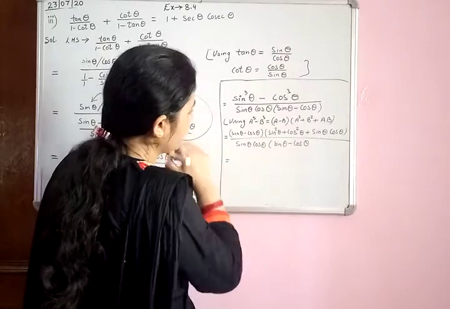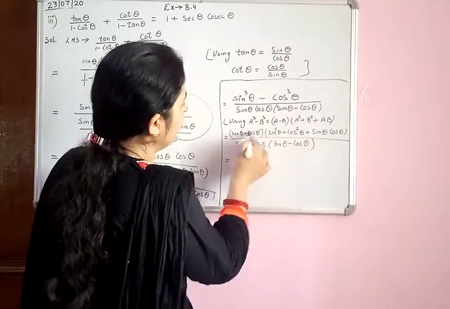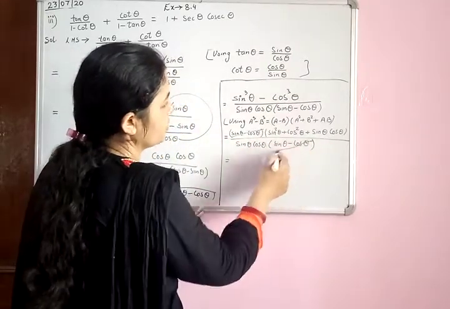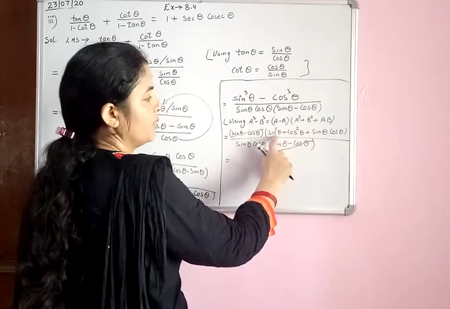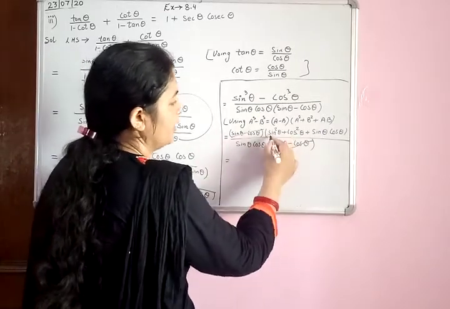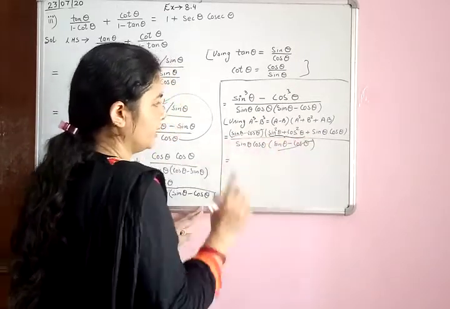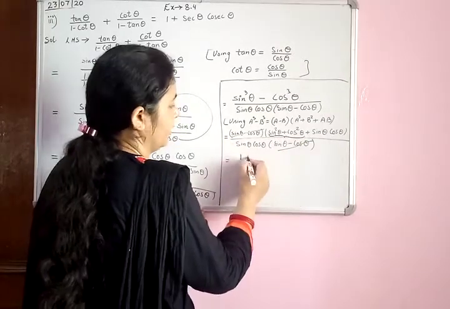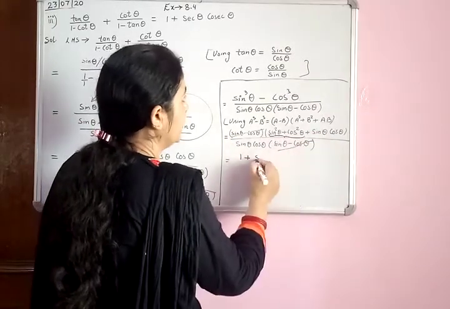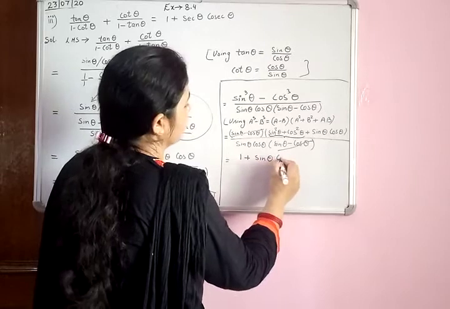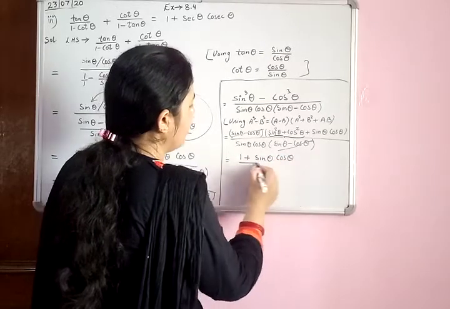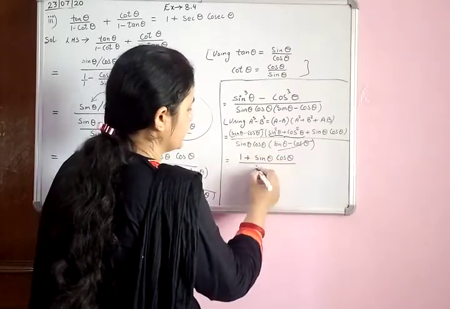Now look at here, sin theta minus cos theta cancel. Sin square theta plus cos square theta is 1. So in place of sin square theta plus cos square theta, I can write 1 plus sin theta into cos theta upon sin theta into cos theta.